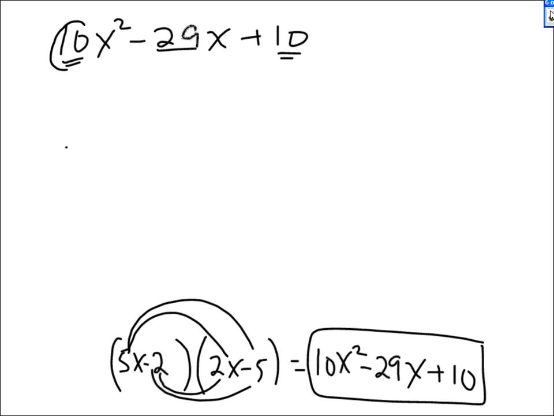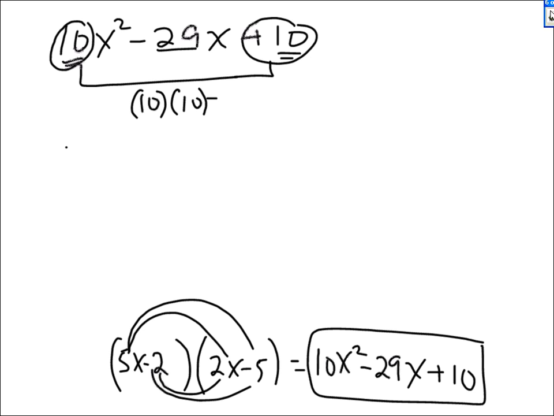So, the factoring by grouping problem. Multiply the number by x squared by the constant. 10 times the positive 10 is 100. I want two numbers that multiply out to 100, but add up to negative 29.